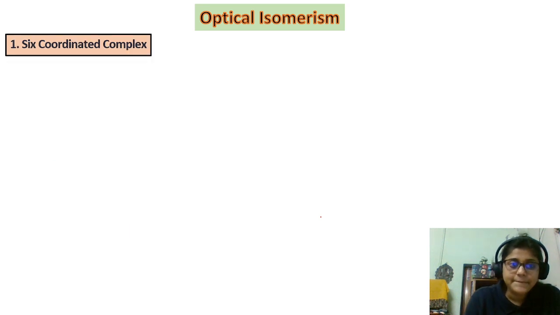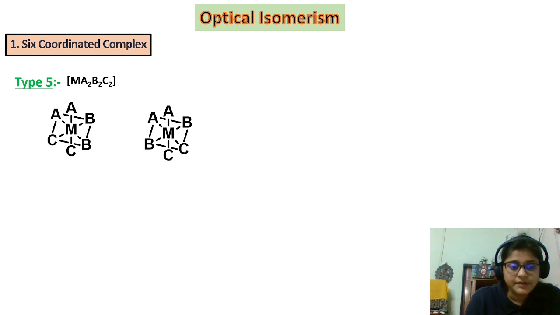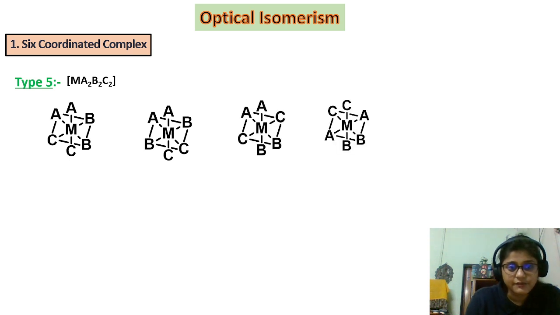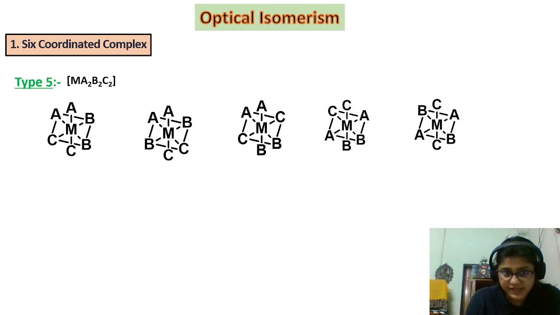Now Ma2B2, there are a few possibilities. I have shown you 5 possibilities are there. So for these cases, let's think which one will be optically active and which one will be optically inactive. Let's find any plane of symmetry here.